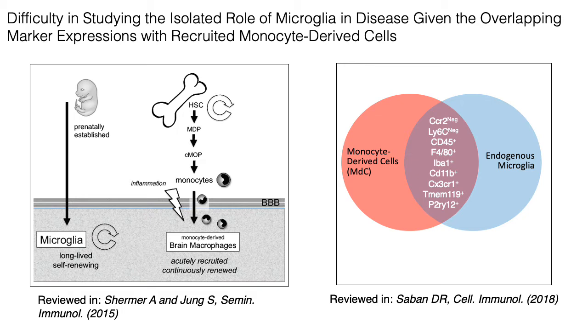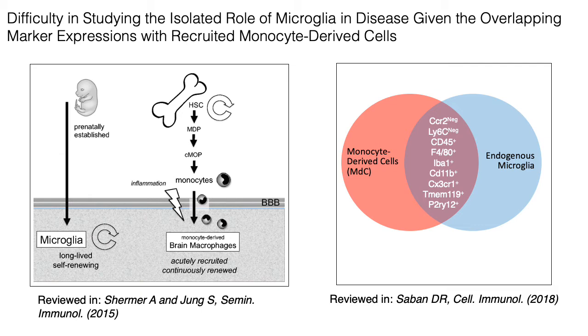However, distinguishing these two cell types is not a trivial matter. Here the left side image shows that in CNS inflammatory states, you have microglia there, which are endogenous, prenatally established, long-lived, self-renewing cells. In contrast, you have monocytes recruited, again, in CNS inflammation, and these monocytes differentiate quickly into macrophages.